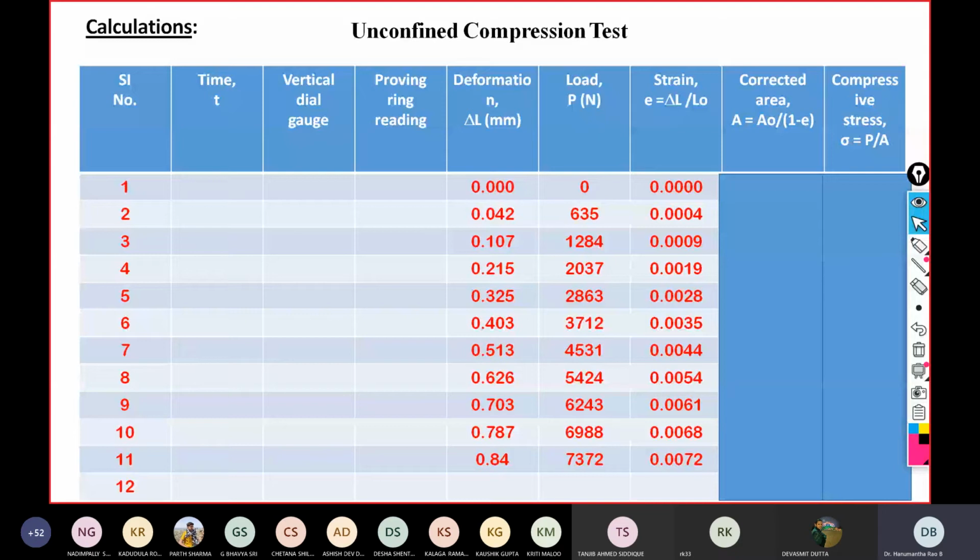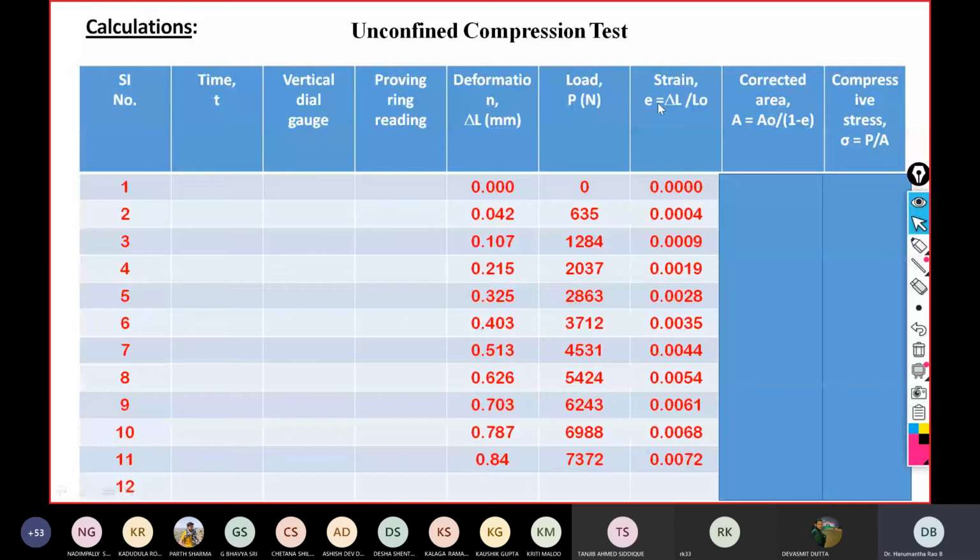So we need to calculate the corrected area. How do you calculate the corrected area? By dividing the initial area by 1 minus the strain. So A0, the initial cross-sectional area, divided by 1 minus epsilon. Epsilon is strain. So this column is strain.